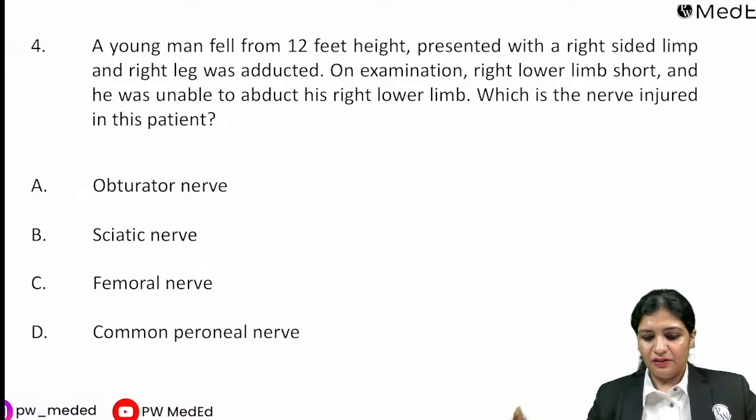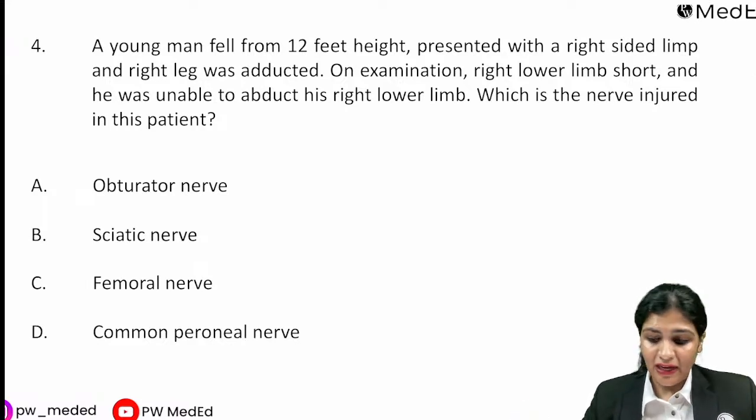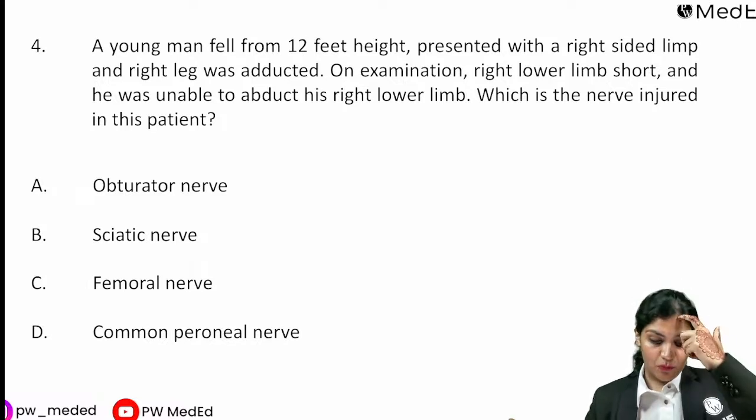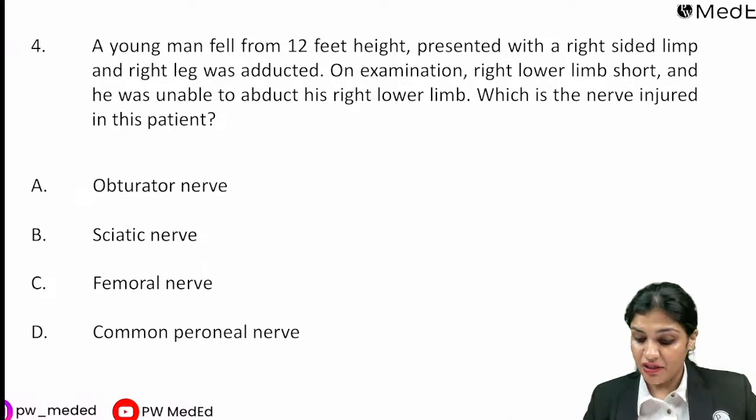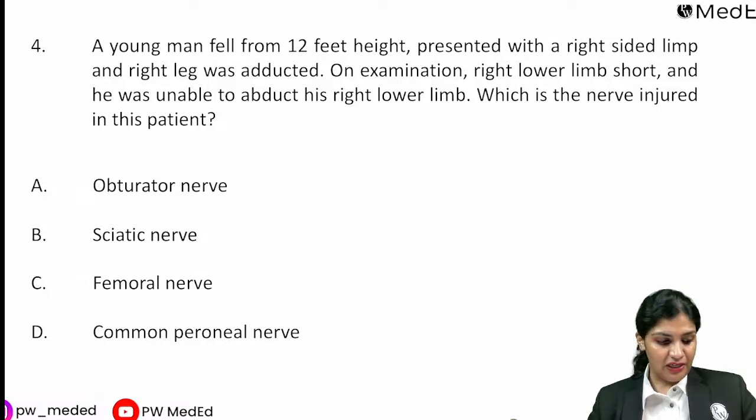So this is a clinical scenario. A young man fell from 12 feet height, presented with the right-sided limb, and the right leg was adducted. On examination, the right lower limb was short, and he was unable to abduct his right lower limb. Which nerve is injured in this patient?